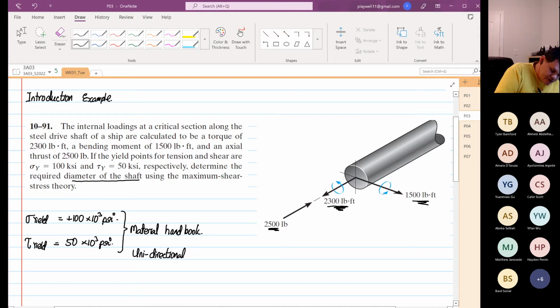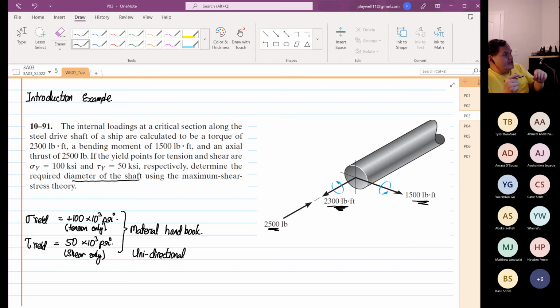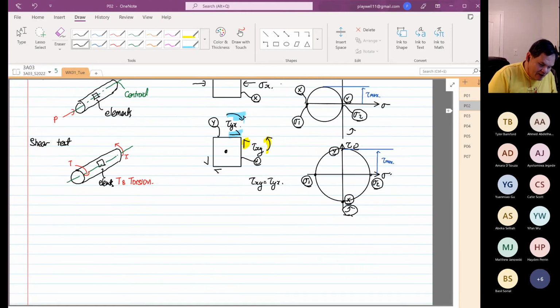For this case, the tests are done in tension only. The one below is shear only. Okay, so they only do the test in one direction. It's either in tension or in shear, like how I've shown you.